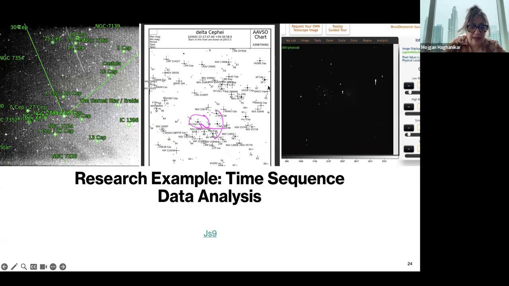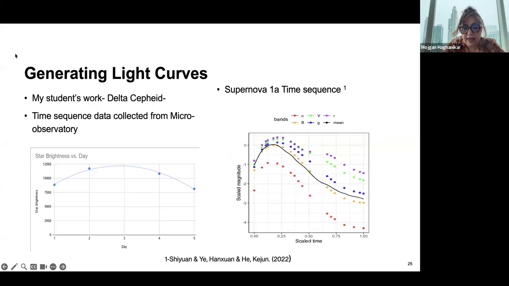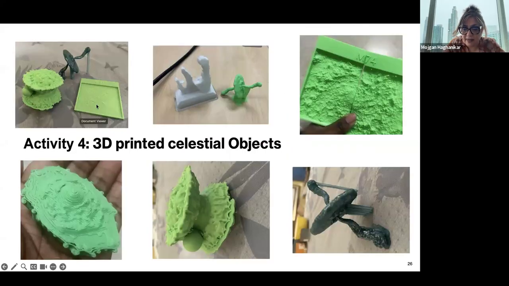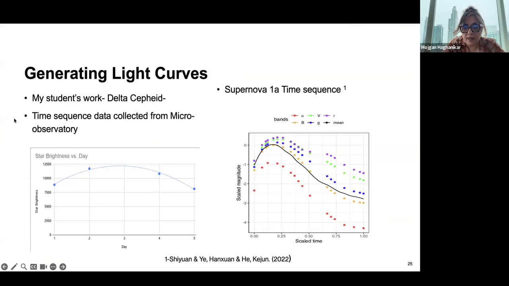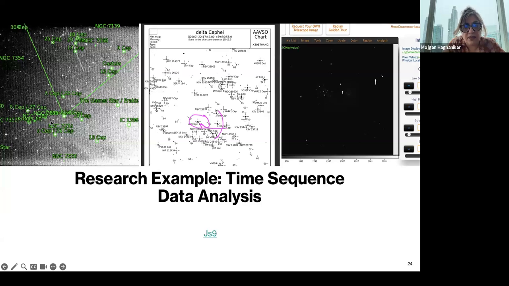I think there is another workshop in optics that teaches you how to do this. You can find the brightness in JS9, but first, when you upload the file, you need to find Delta Cepheid, because sometimes this map is very confusing.